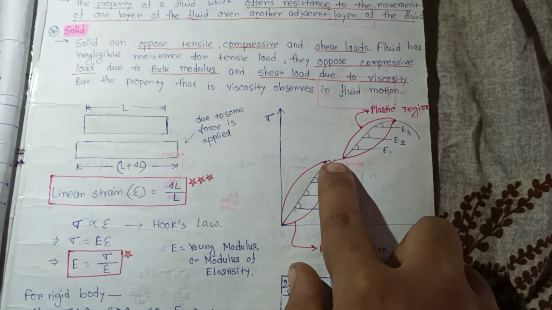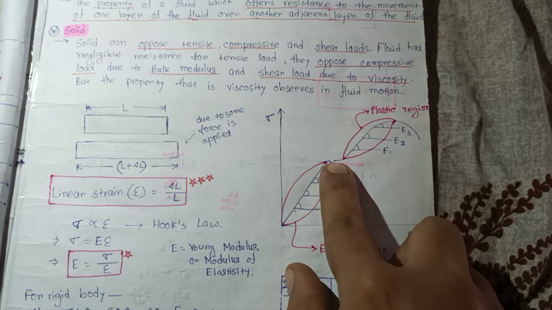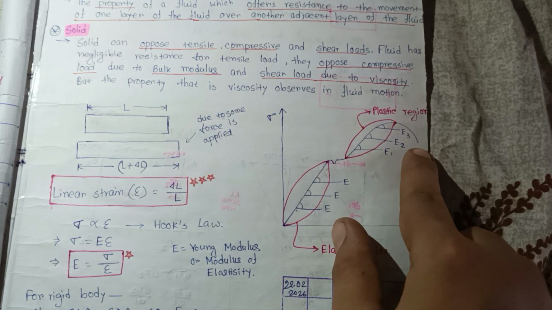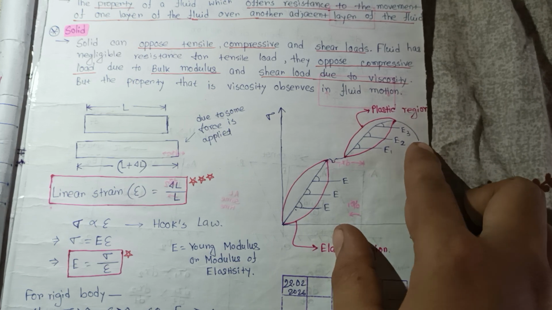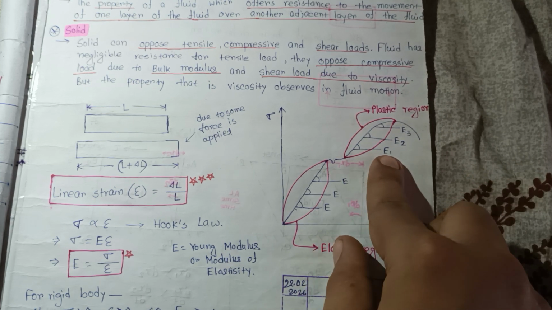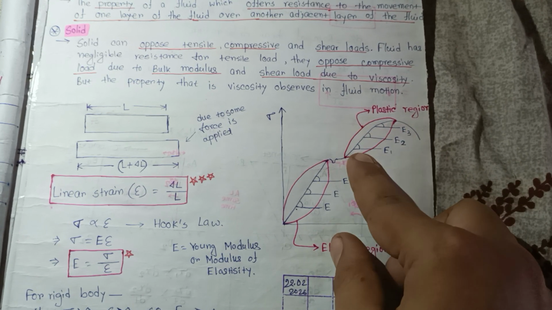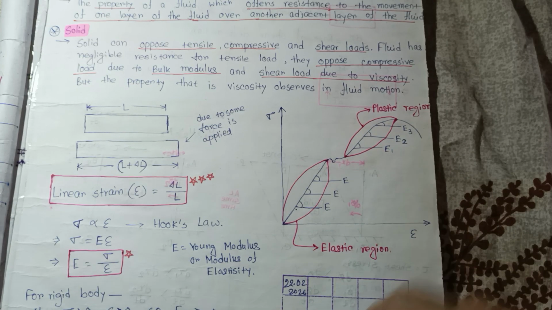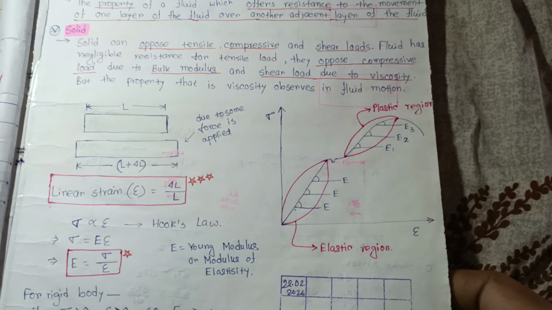After that the stress decreases and then increases, and the graph changes in that way. So this is the fracture point, and that region is known as the plastic region. So here the Young modulus changes.